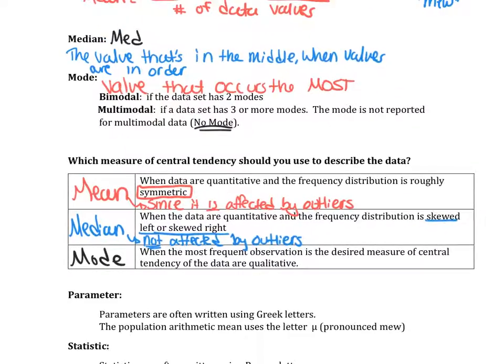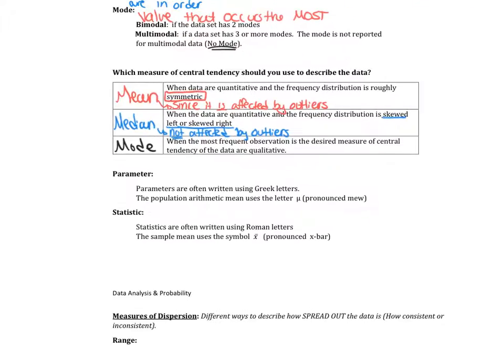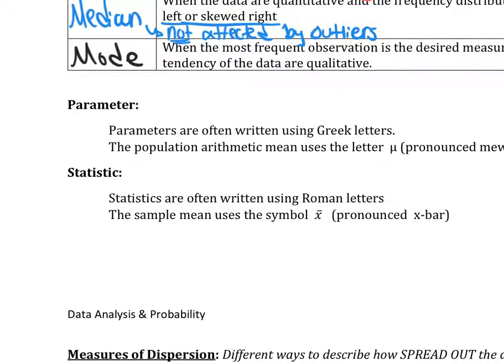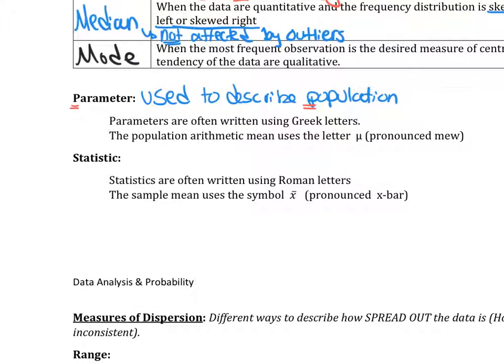Okay. And so like I kind of mentioned up here with the mean, where we had our sample mean and our population mean, there are two different types of ways that we describe data. First is using parameters. This is used to describe populations. So P for population and P for parameter. And parameters are often written using Greek letters. So that's why when we're talking about the population mean, we use that Greek letter mu to represent that.